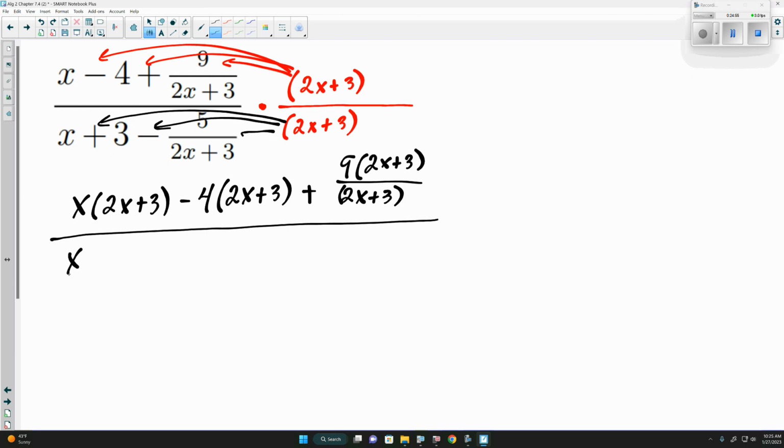So we'll have x times (2x plus 3) plus 3 times (2x plus 3) minus 5 times (2x plus 3) over 2x plus 3.